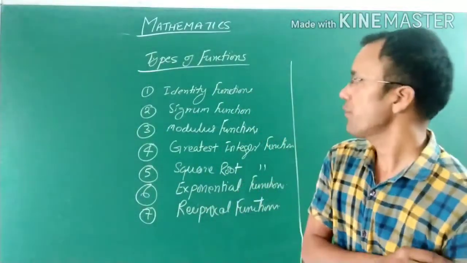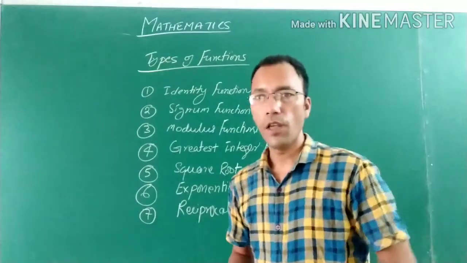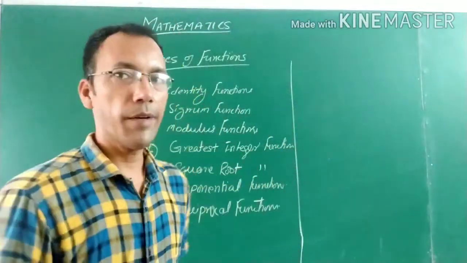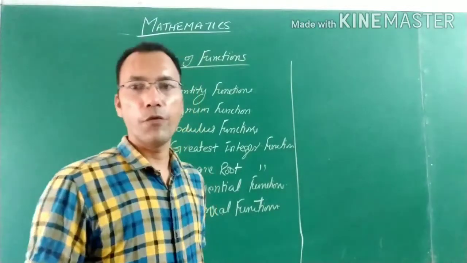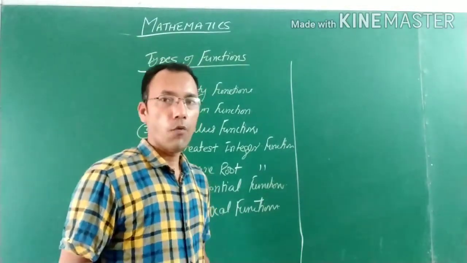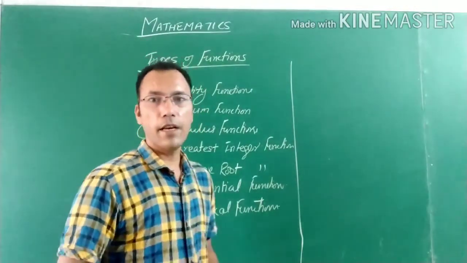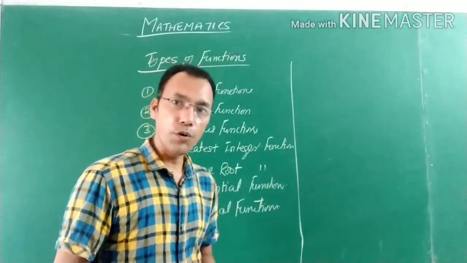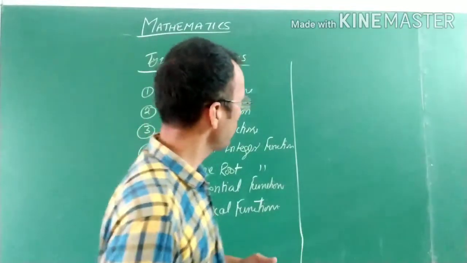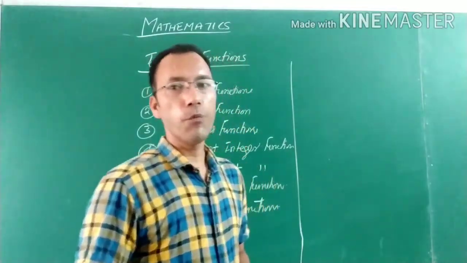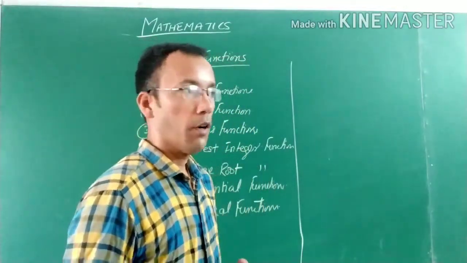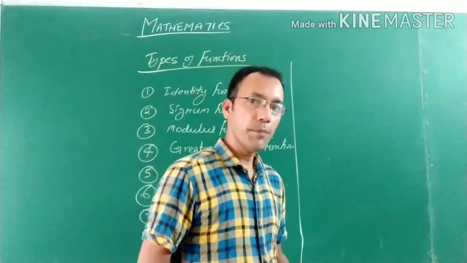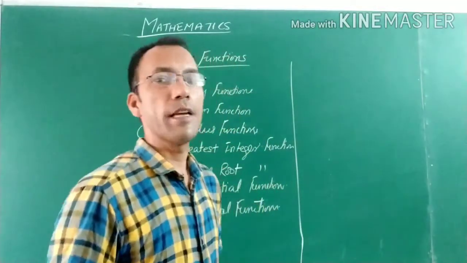First is the identity function. You know that in a society you have an identity card. In this card you have your own photograph and your own details. In identity functions, if we put the value of the independent variable, then we get the same thing.